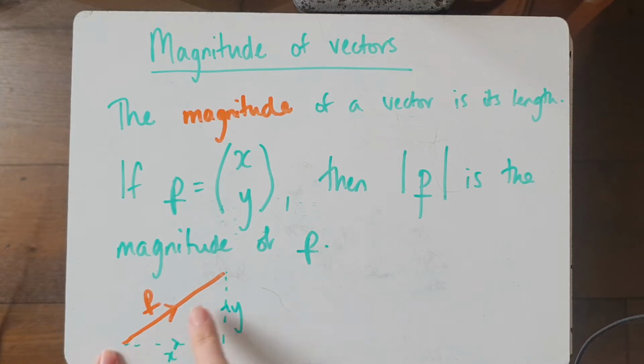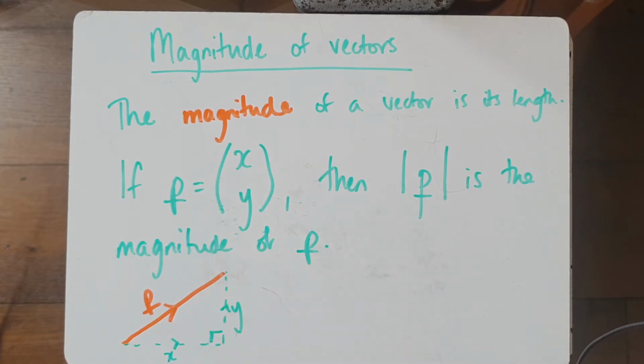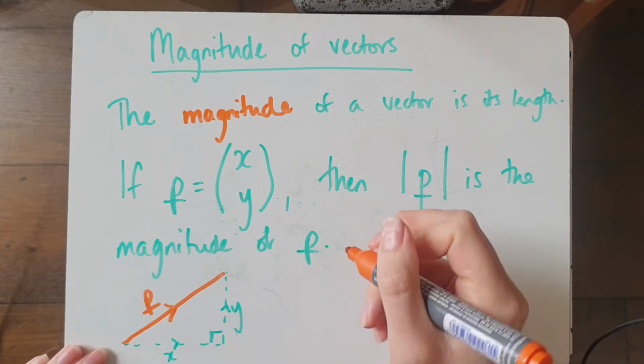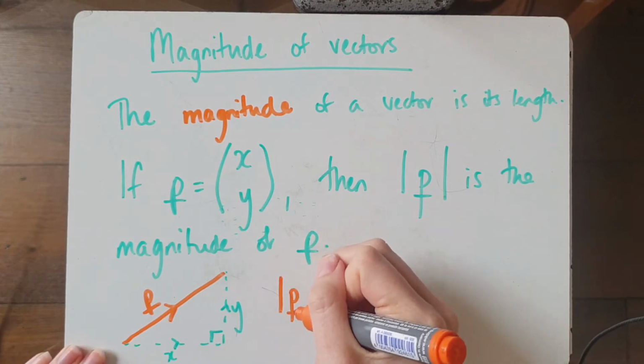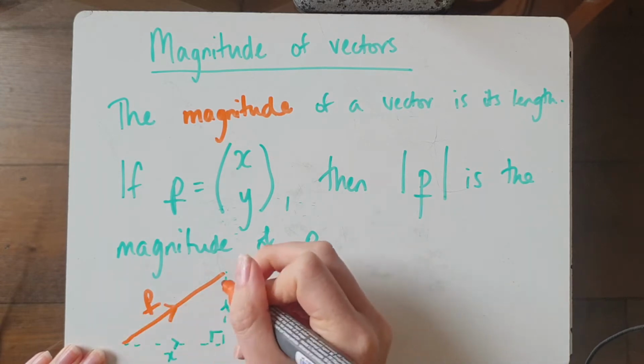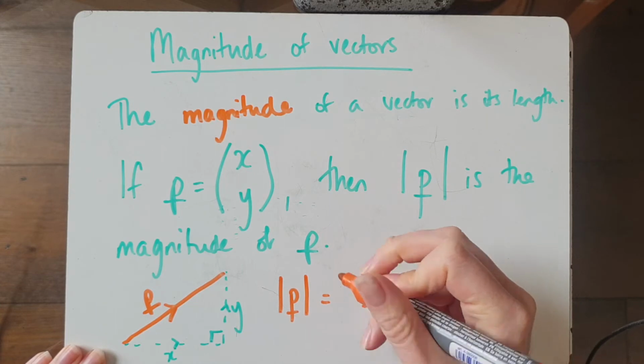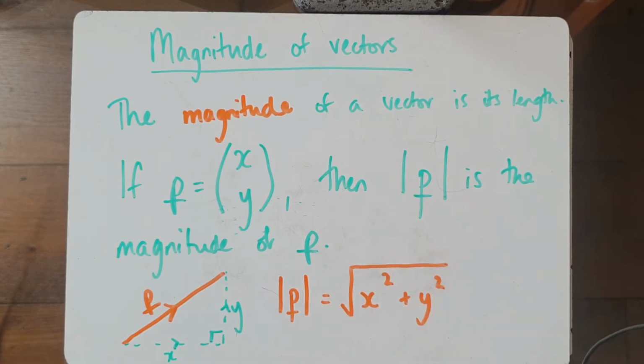Now to get the magnitude of P, we want the length of P, and hopefully you have spotted that it is the hypotenuse of a right angle made by its two individual components. So by Pythagoras' theorem, the magnitude of P is equal to x squared plus y squared, just like in Pythagoras' theorem, and then square rooted, again, just like in Pythagoras' theorem.